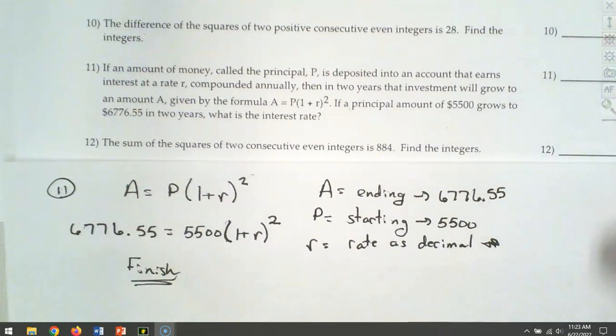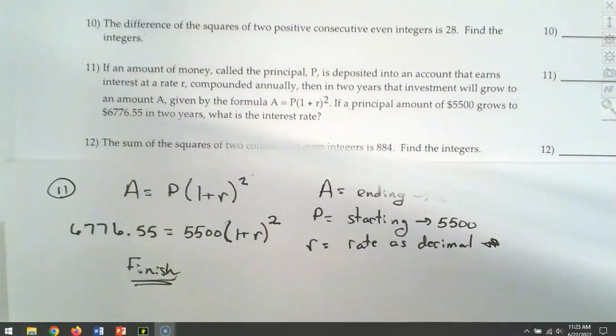Question 12. We did one very, very similar to question 12, because that's one that has the sum of the square integers. And that would have been question 15 on page 147.